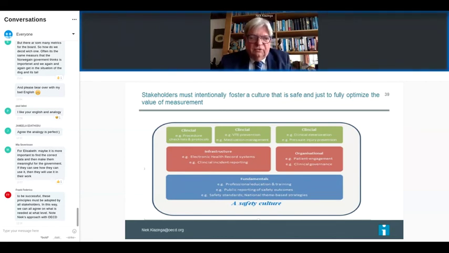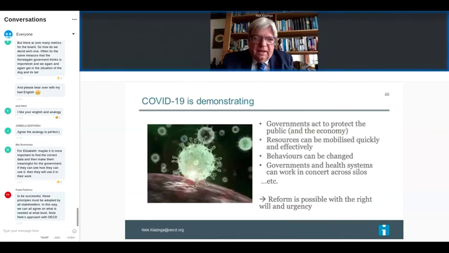And those are linked to some fundamentals of your healthcare systems, such as professional education and training, public reporting on safety and outcomes, and to the extent that on a national level there are safety standards and national theme-based strategy. But that's all encapsulated in a culture. And a culture is something that is really driven by the leaders that really put it on the agenda.